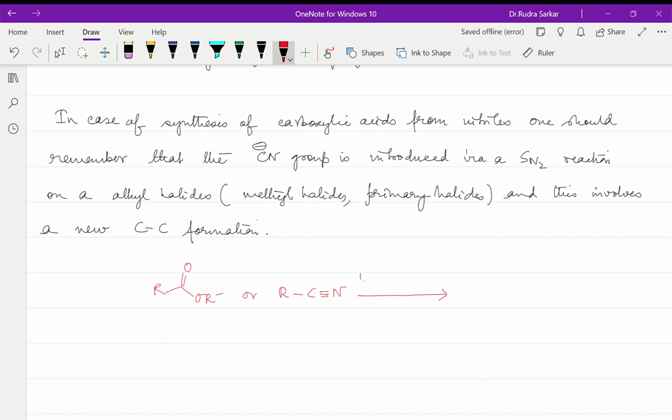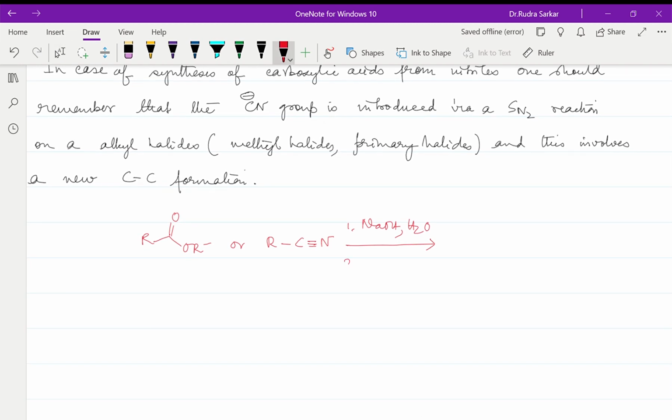The reagent that we are using is sodium hydroxide in aqueous medium, and we follow it up using acidic workup, and this whole procedure is called our hydrolysis, and that leads to the formation of the carboxylic acid. This is our ester and this is our nitrile.